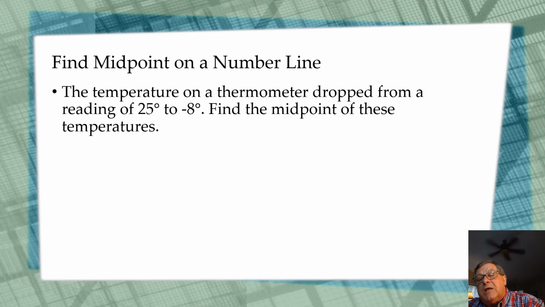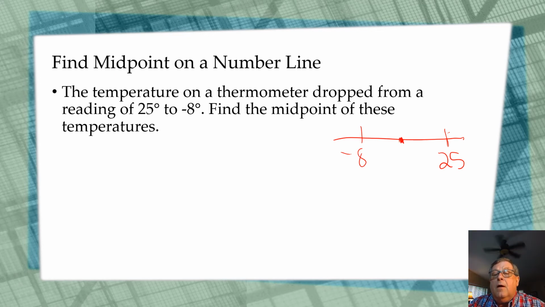Well, I might just want to sketch out, just for fun, a little number line. It doesn't have to be pretty, doesn't have to be to scale. Right here we've got -8, and right here we've got 25, and we're trying to find the midpoint, maybe somewhere right about here, of those temperature readings.